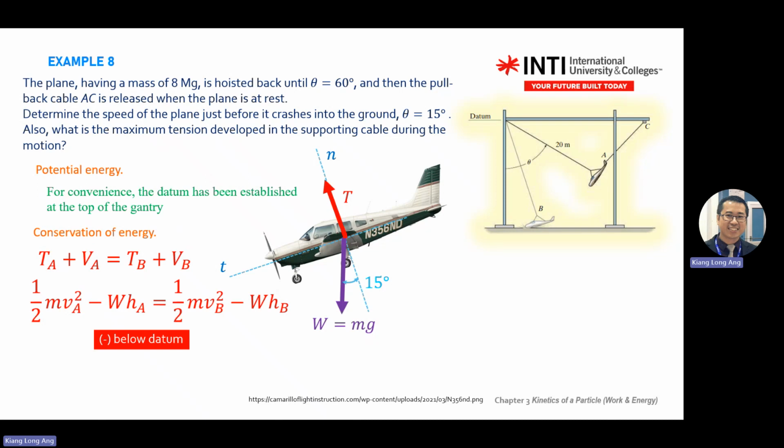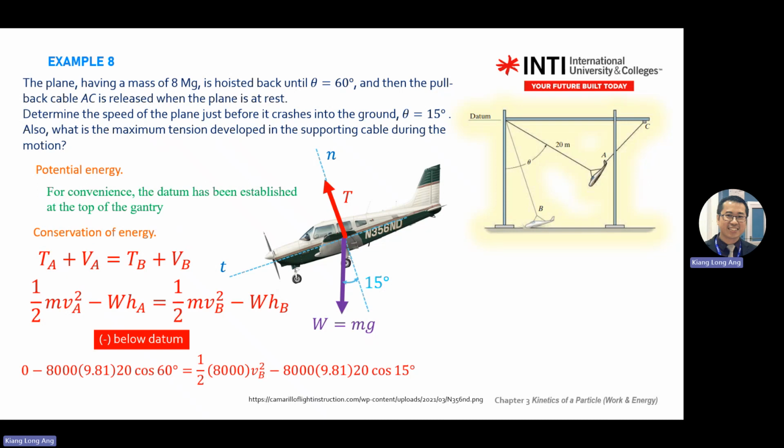Why? Below datum. Okay. So you put in all the parameters and convert accordingly. What I need to highlight is that velocity at A is 0 from the question.